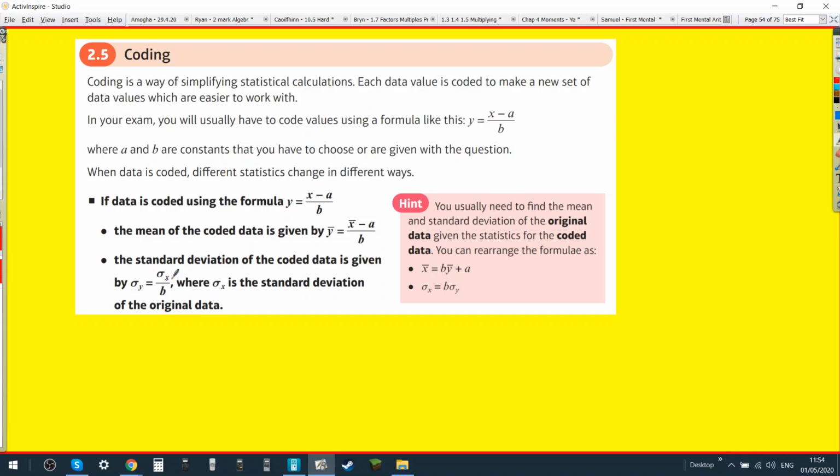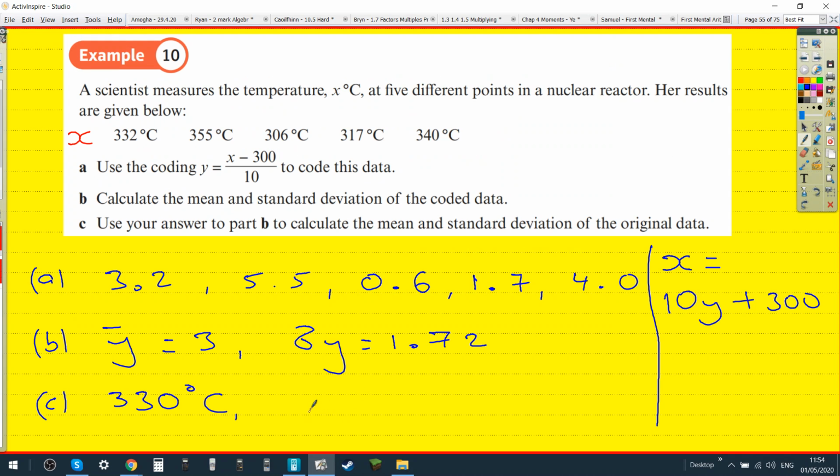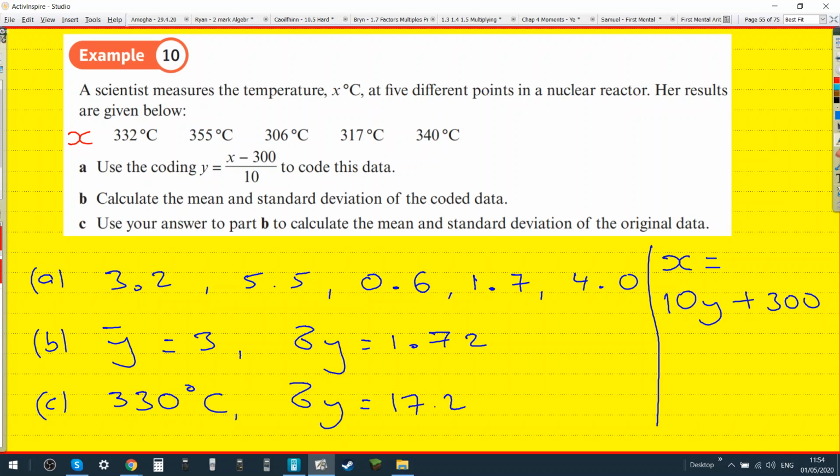Standard deviation is that one. So if you times it by 10, 17.2, it's spread out 10 times more. But if you move all the data left or right, it's still as equally spread out. If the temperatures all increased by 5 degrees, they're all still the same spread that they were before.